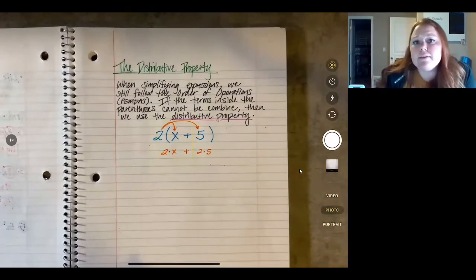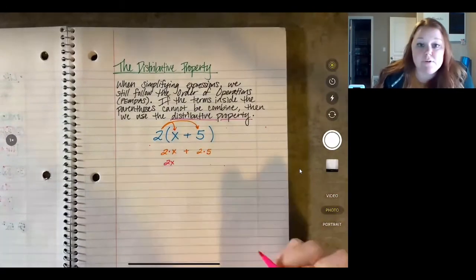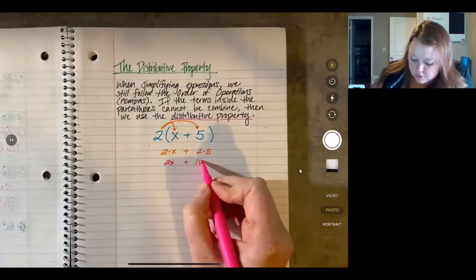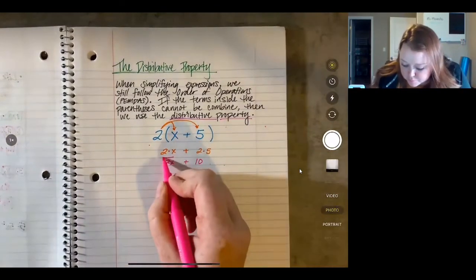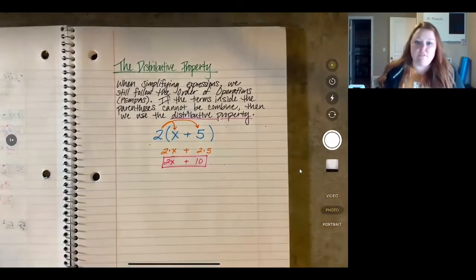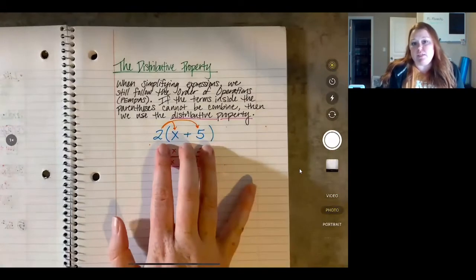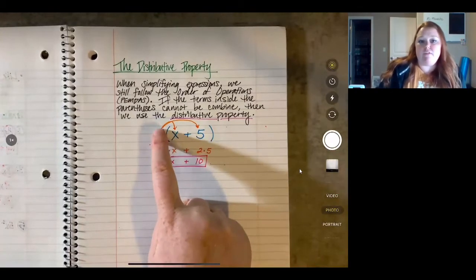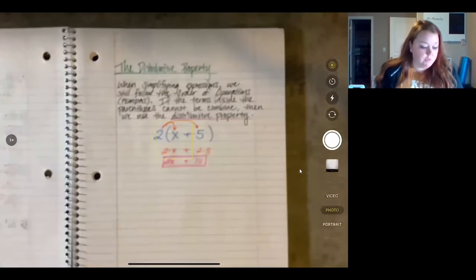What's 2 times x? It's just 2x. What's 2 times 5? 10. So my simplified answer is 2x plus 10. So if you see something like this, you take the number out front, multiply it to every single term on the inside. That's what we're doing today.